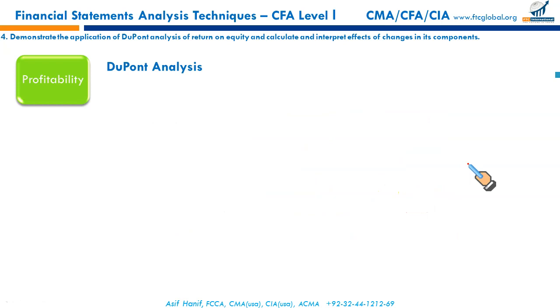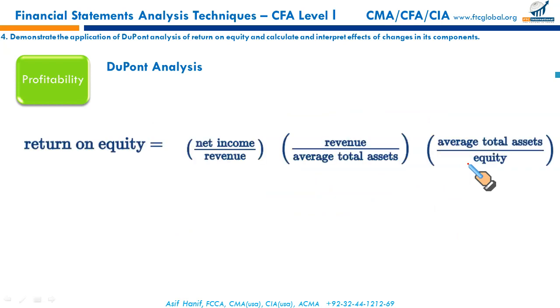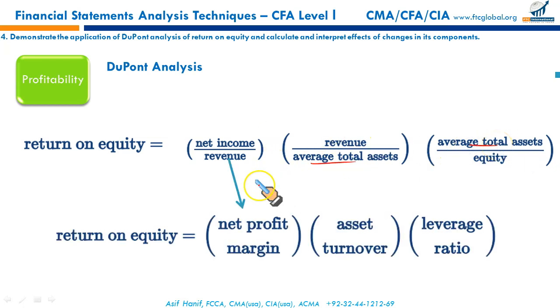We can further expand the idea this way. Now look at this again. Revenue cancelled out. It's like the previous one. Average total assets cancelled out. The original formula still holds true. Net income upon equity. Return on equity. We have now incorporated average total assets. Why did we do so? This is the same. Net income upon revenue is net profit margin.